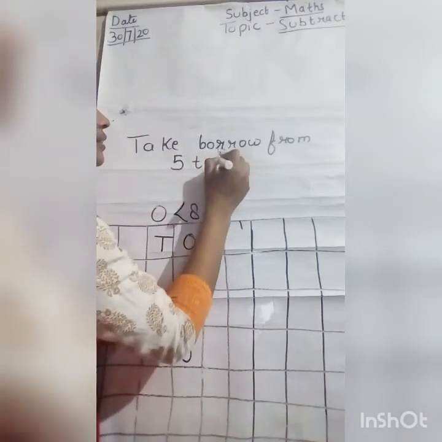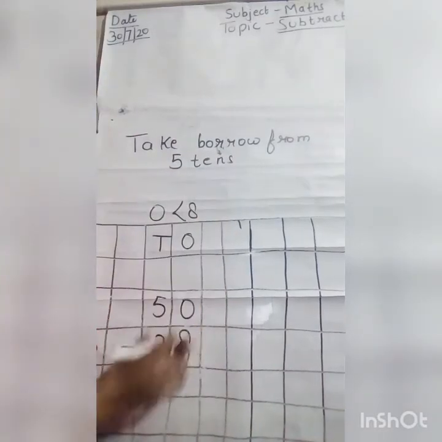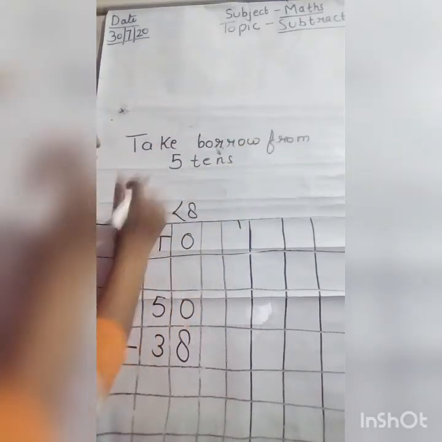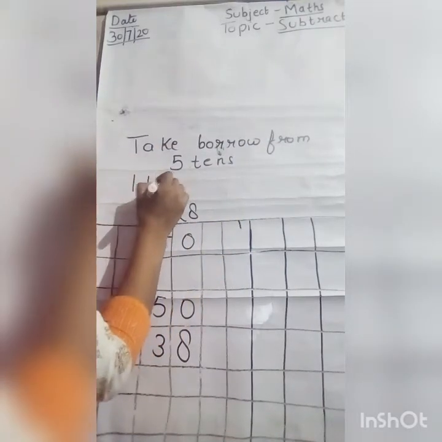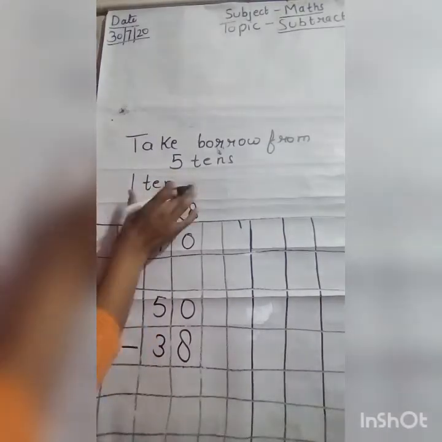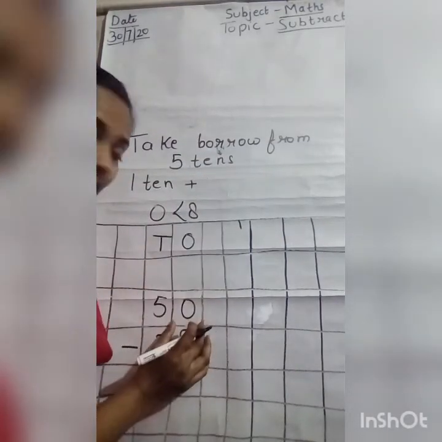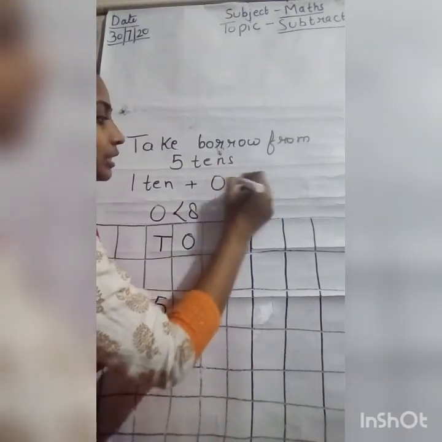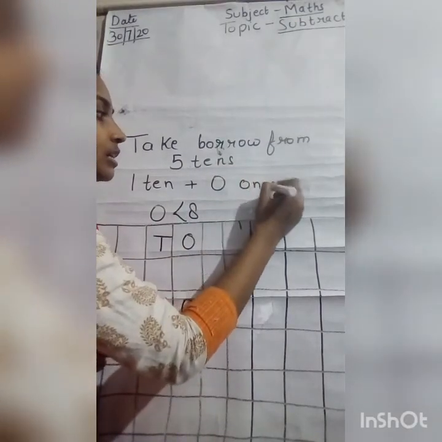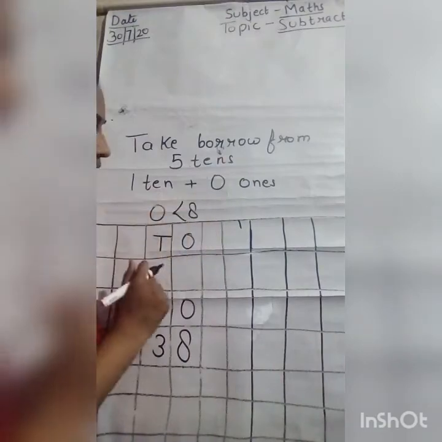Children, if we borrow from 5 tens, how many? 1 ten we borrow. 1 ten plus here is 0 ones. 0 ones means nothing.